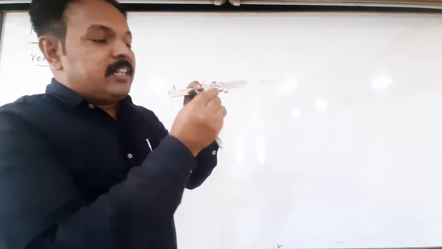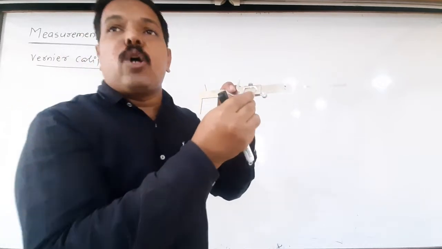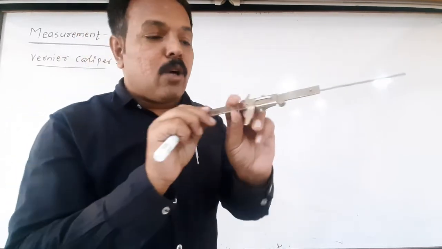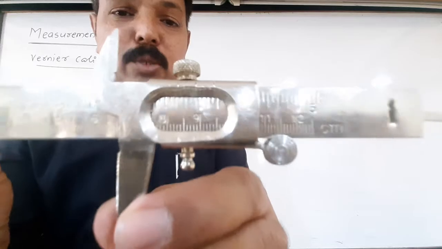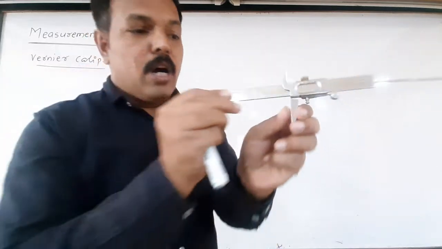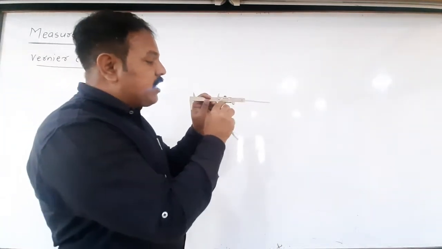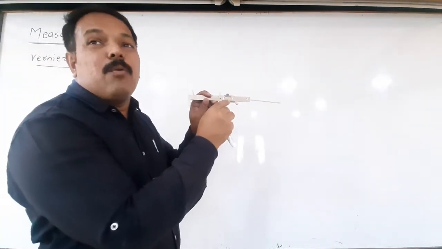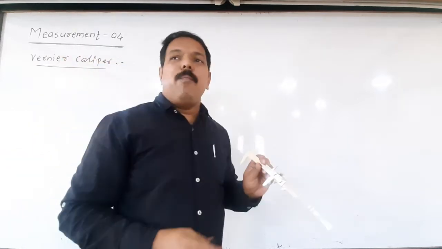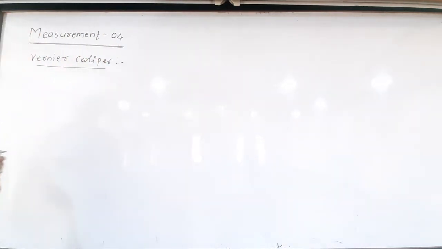There are 10 divisions on the movable jaw also. It is somewhat difficult to observe, so let us try to observe. On the movable jaw also, there is a scale called the vernier scale. So how many scales are there in a vernier caliper? There are two scales.